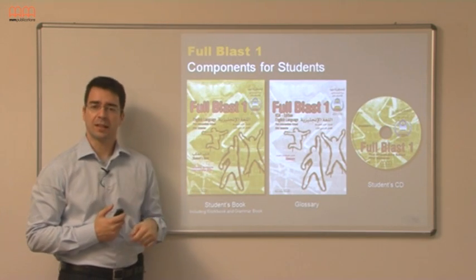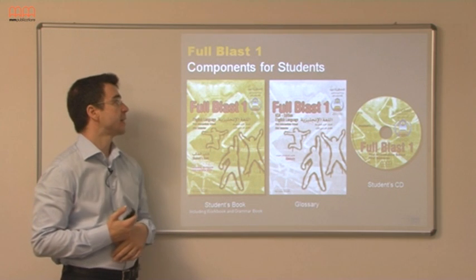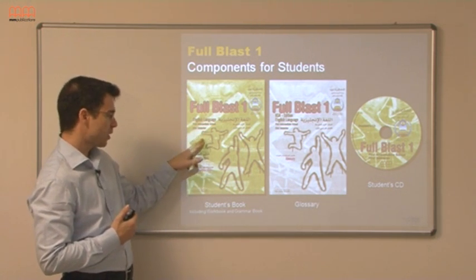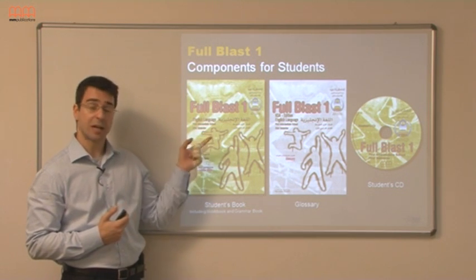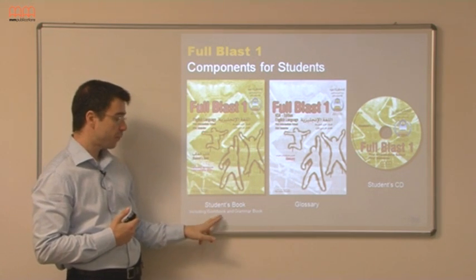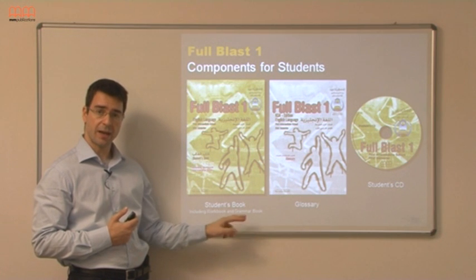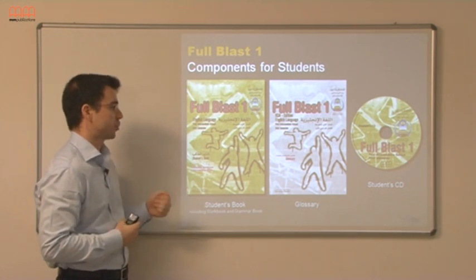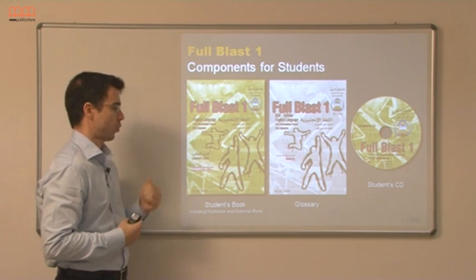Now, before I begin the lesson, I'd like to tell you a few things about the components of the course. There's the student's book, and the student's book includes both the workbook and the grammar book, so students get additional practice revising the grammatical structures, the vocabulary, and so on.